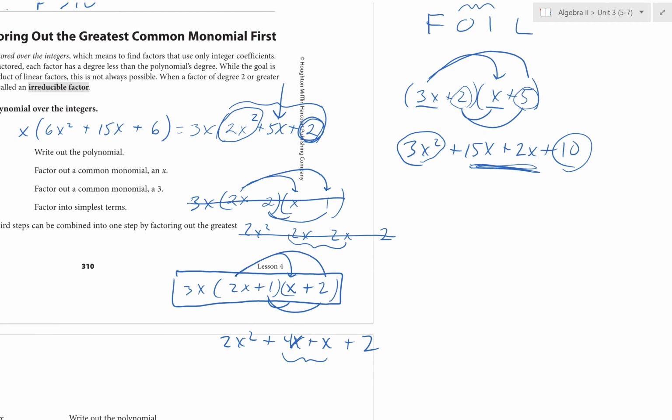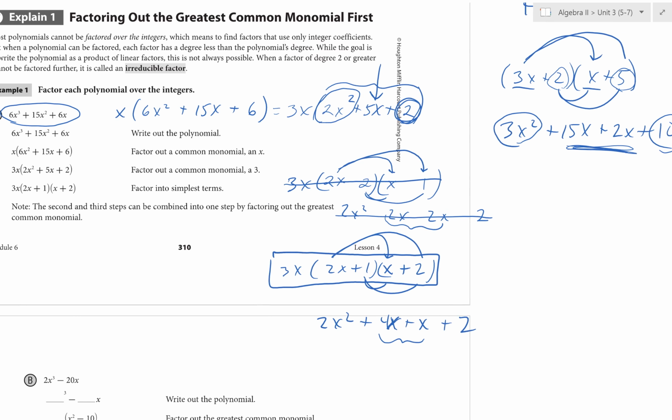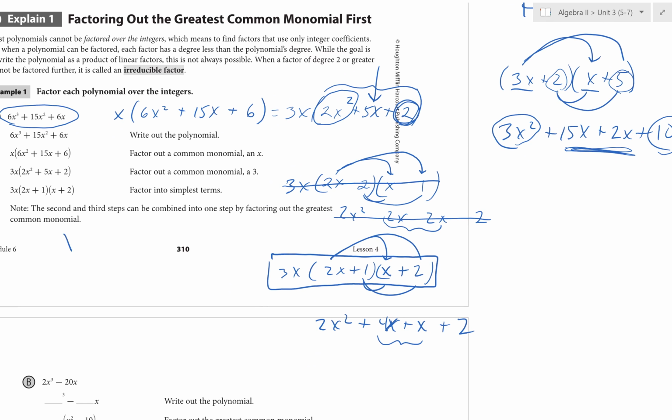Another method that you might have learned in algebra is to factor using the x method, where you put AC in the top, and down in the bottom you put B. And so in this case, A is 6, B is 15, C is, oh actually I should do that from the factored version.